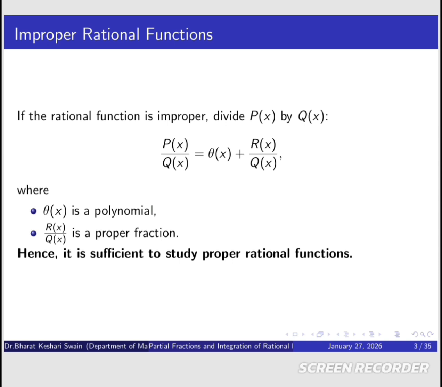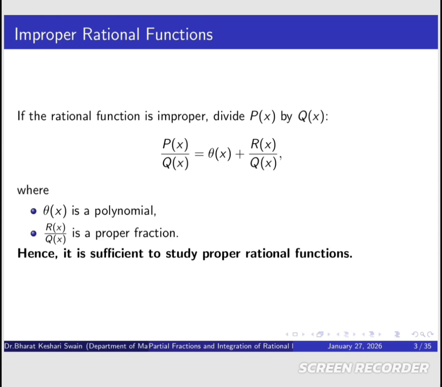So what is an improper rational function? If the rational function is improper, then divide. We know that an improper rational function means the degree of p of x is greater than the degree of q of x.